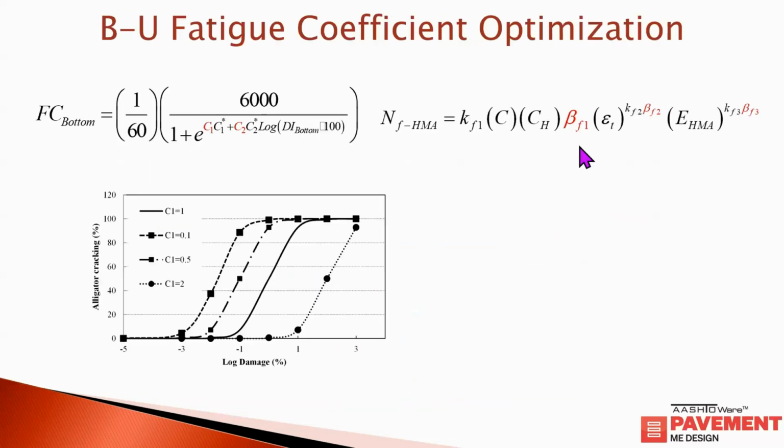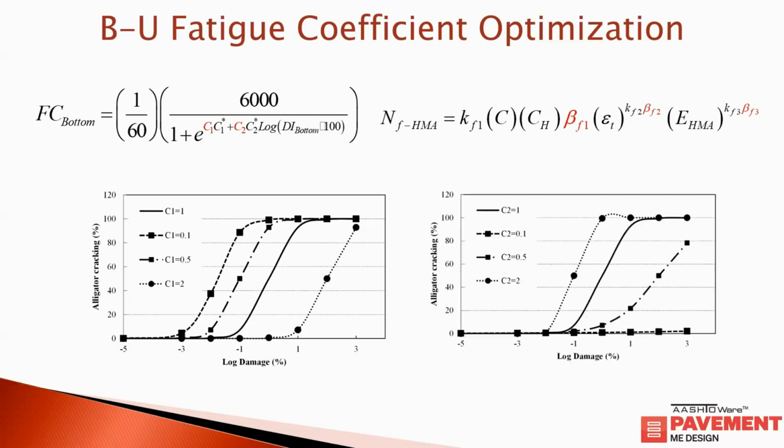And this is showing for bottom-up fatigue, you have the beta F1 and the beta, I'm sorry, no, this is the C1. This isn't the transfer function. This is the C1 and C2 coefficients. And as C1 increases, let me make sure I got this straight. Yeah, as C1 increases, the fatigue cracking prediction decreases, which is how it's supposed to work.